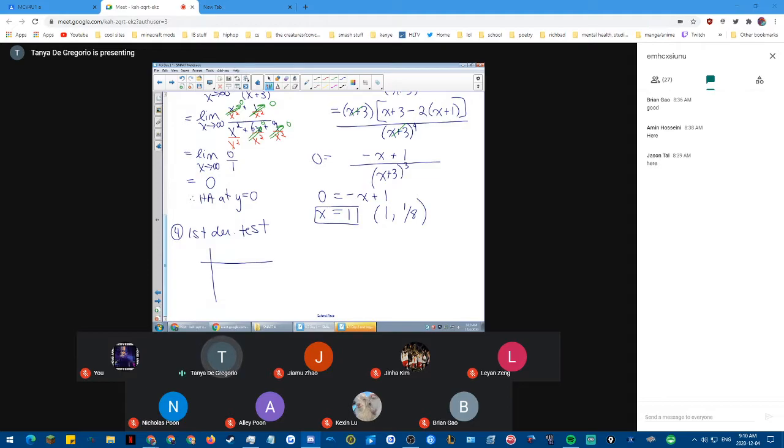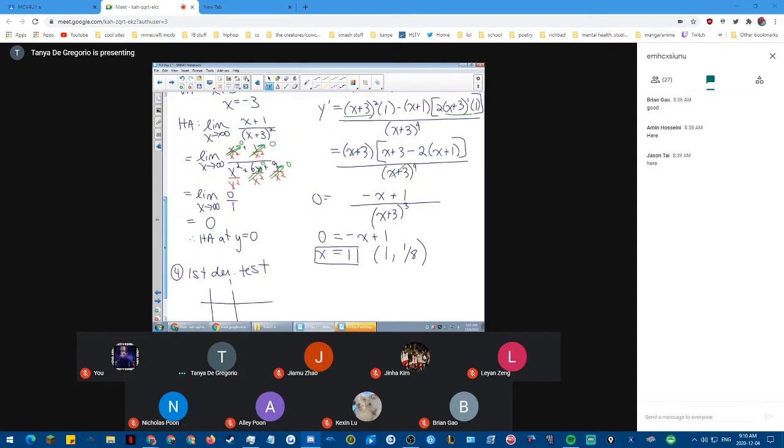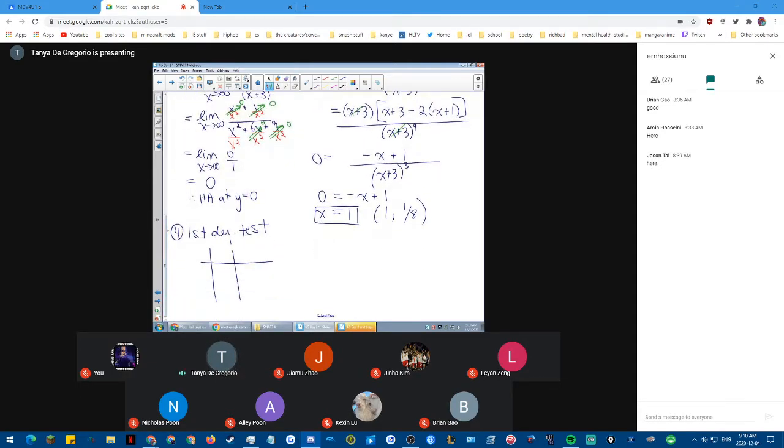I've only got one value to test, which is good. And my factors, where are my factors? So negative x plus 1 and then x plus 3.